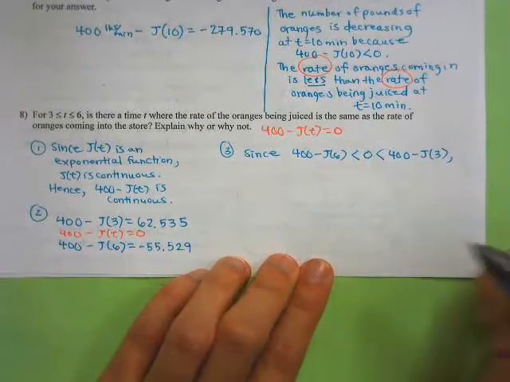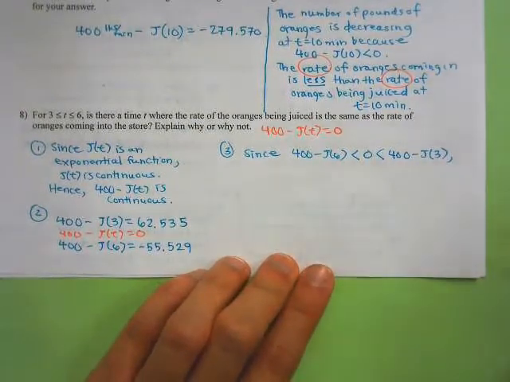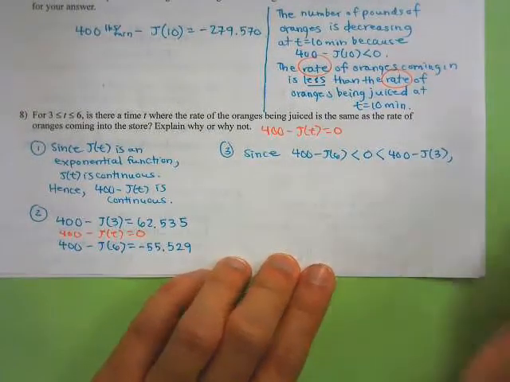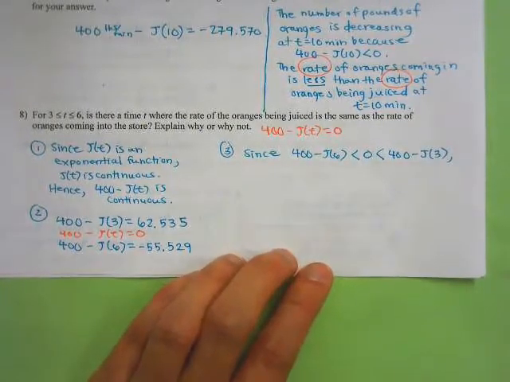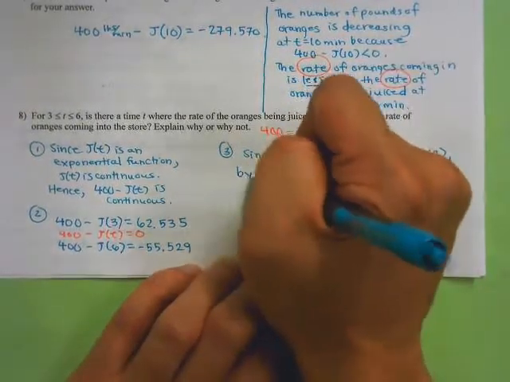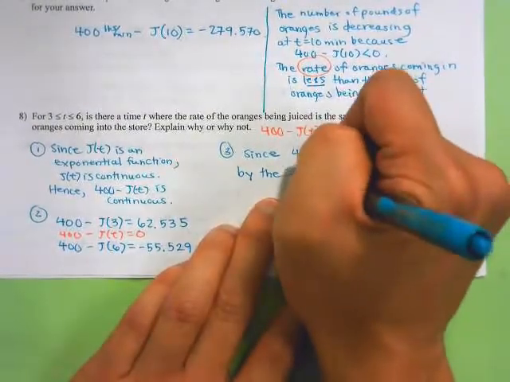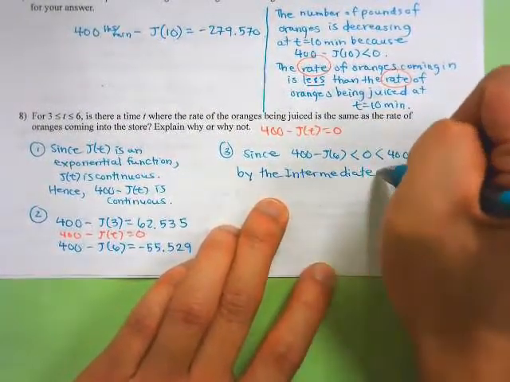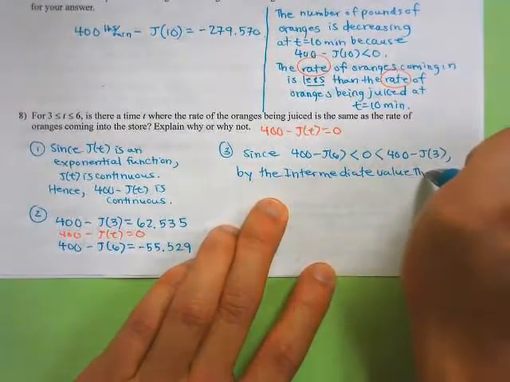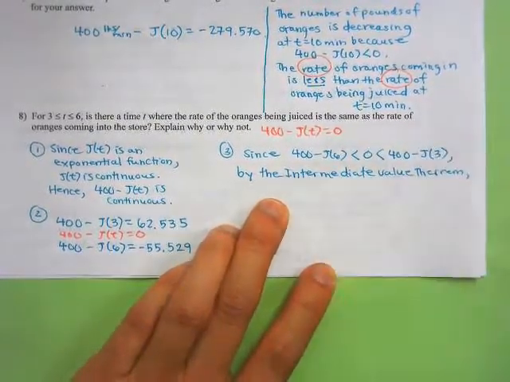Now you tell me what to write. Go. By the intermediate value theorem, yes, yeah. By the intermediate... Keep going.